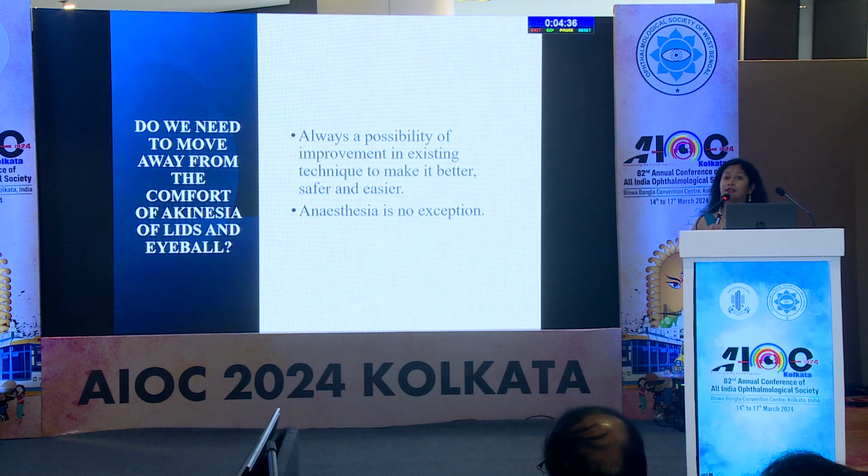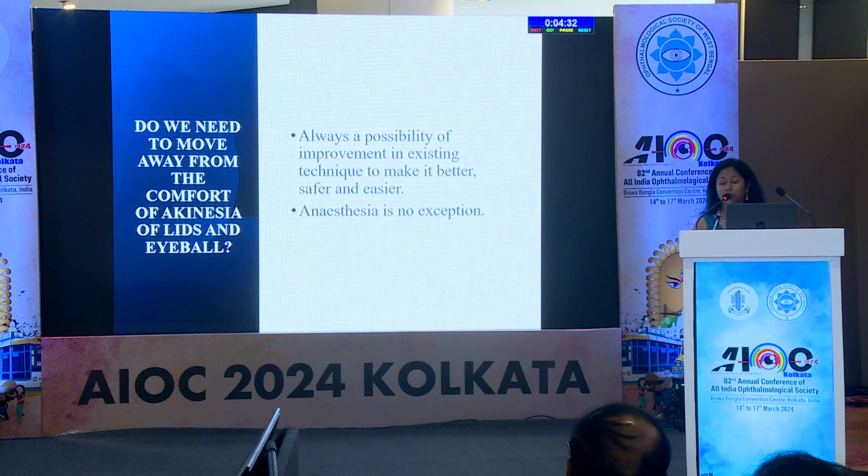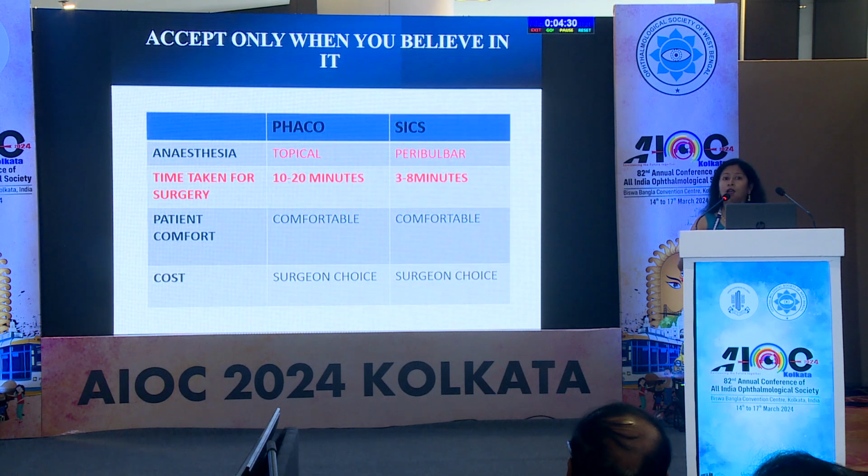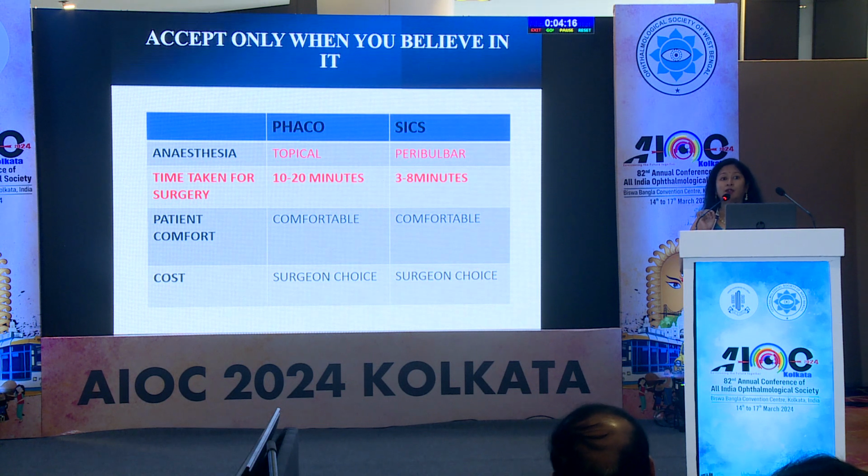See, in every technique there should be scope for improvement, and anesthesia is the same. From personal experience, it took me 40,000 plus peribulbar SICS cases to ultimately decide to shift to topical MSICS, but it took me just 38 phaco cases to shift to topical.